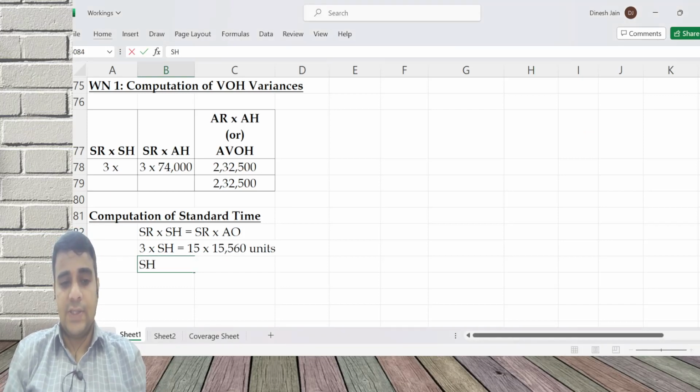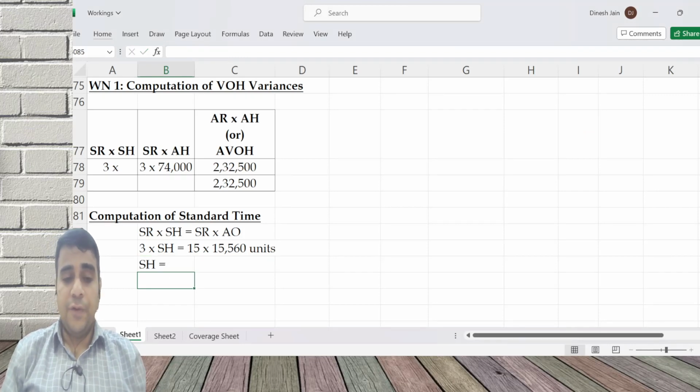This will give us SH. I cannot use SR into AO, otherwise I would have preferred directly using that itself. So 3 into SH is equal to 15 into 15,560 units.